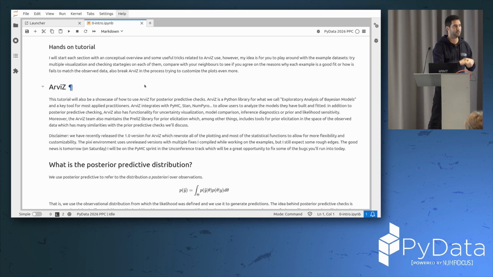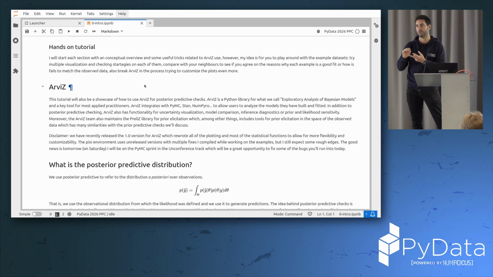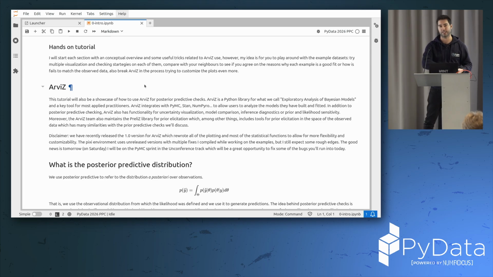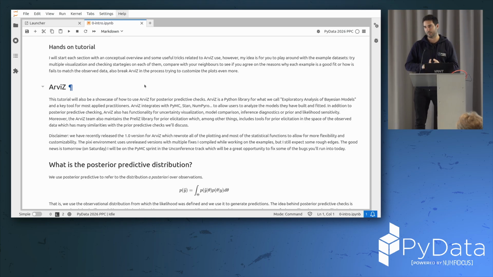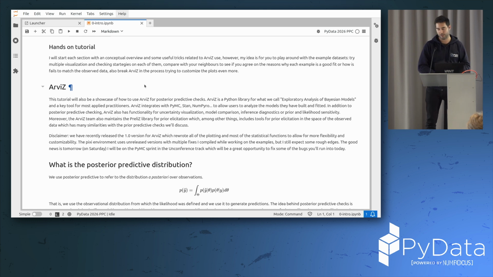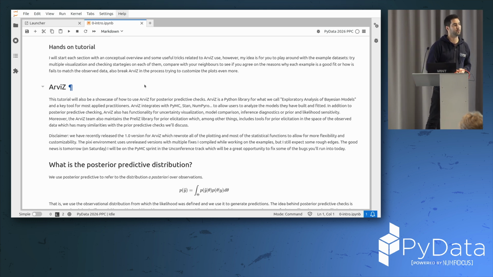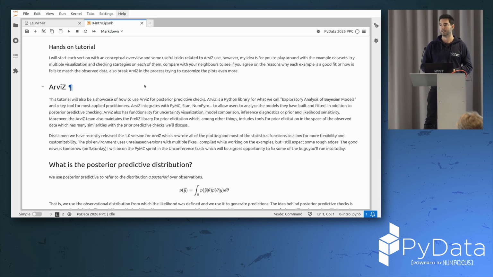So the idea is you build and fit your models with PyMC, with Stan, with NumPyro, TensorFlow Probability, whatever you want, and then you can load these results quite easily into ArviZ. And we have functionality for model comparison, inference diagnostics, uncertainty visualization, model criticism, which is what we'll focus on today, and stuff like that.